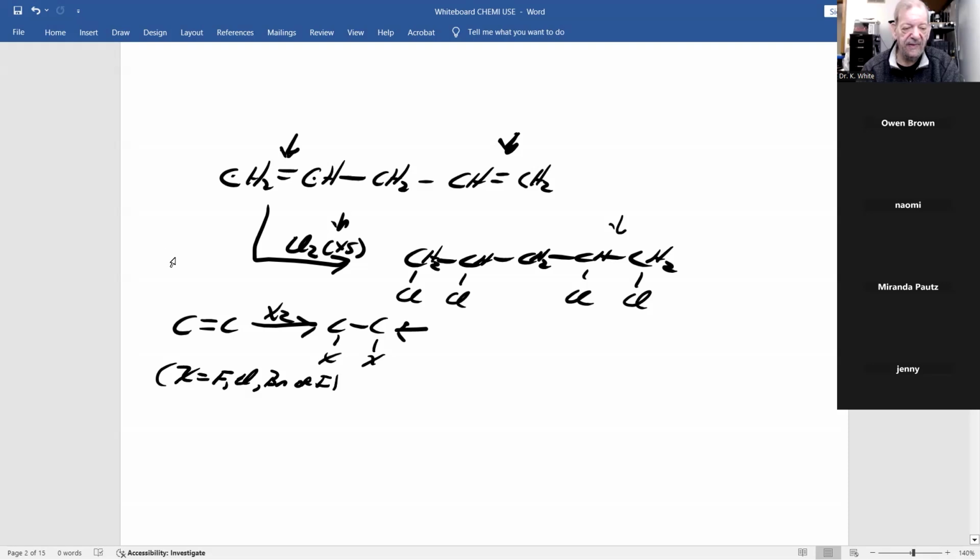Anyways, some of my best students in 170 always on their tests wrote the general reaction down underneath the specific reaction like I do. Some of my best students in 170 never wrote the general reaction down, but they had it up here. They memorized it. So you can do either way. I don't care. Whatever works for you.